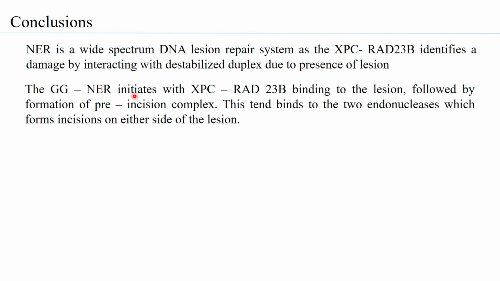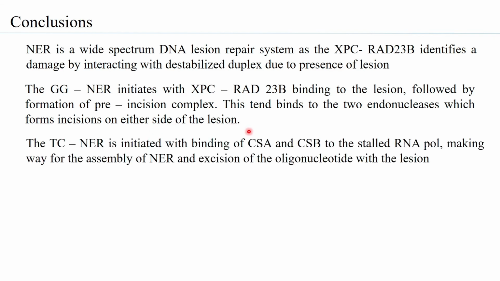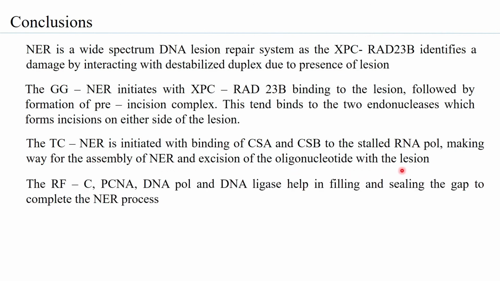So the GGR-NER initiates with XPC-RAD23B binding to the lesion, followed by formation of a preincision complex. And this tends to bind to two endonucleases, which form incisions on either side of the lesion. The TC-NER is initiated with binding of CSA and CSB to the stalled RNA polymerase, making way for the assembly of NER and excision of the oligonucleotide with the lesion.